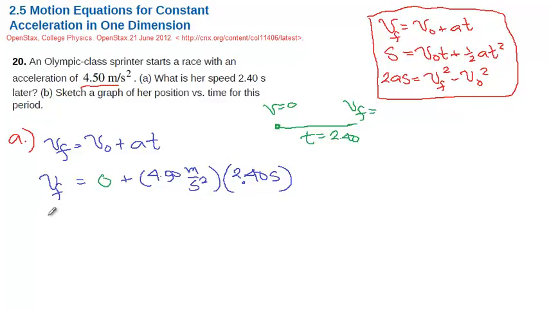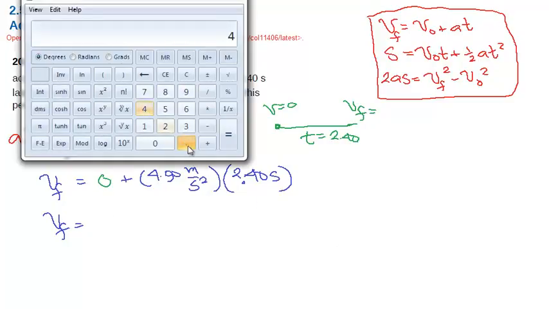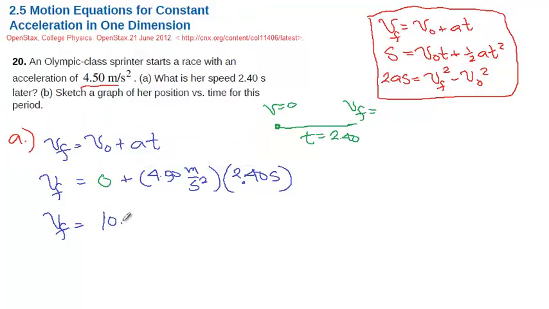Vf, the velocity after 2.40 seconds, is just 4.50 multiplied by 2.40, and that's equal to 10.8 meters per second. So starting from rest, the sprinter is able to reach this speed in only 2.40 seconds. Now, how about part B?